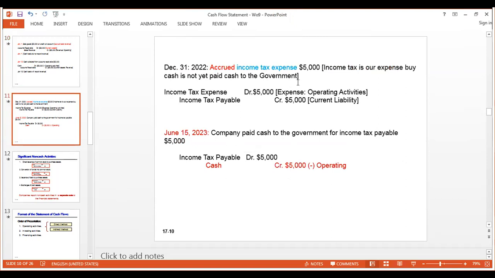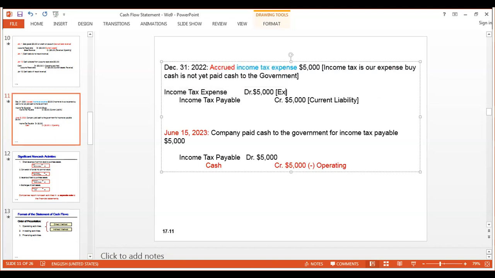Expense. Here, December 31st, 2022, we record income tax expense. Income tax expense is already recorded, right? This is accrual basis, record expense.